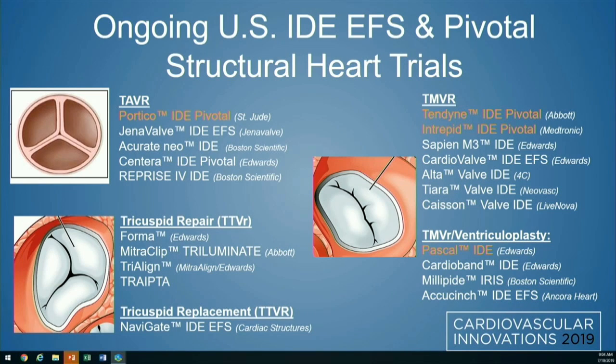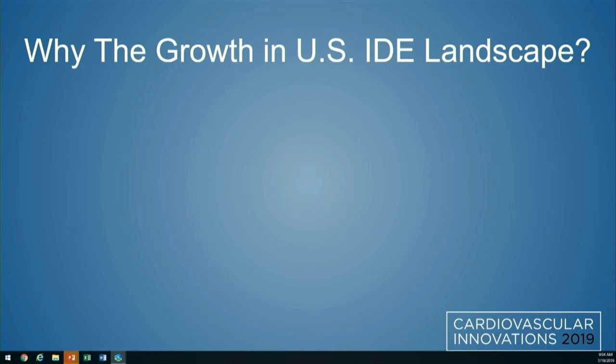This slide is just a little canvas of the different valve IDE studies currently ongoing, and I haven't even mentioned novel access technique IDEs like we heard about just now from Adam, or LAA IDE trials. But just looking at the valves, we have so many different options here in the US, and this would not have been possible without the success of the EFS program through the FDA and other collaborative ways in which the FDA has been working with industry.